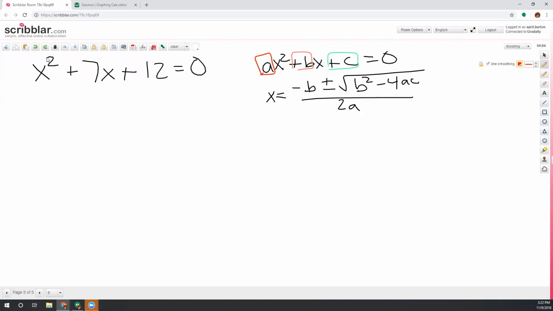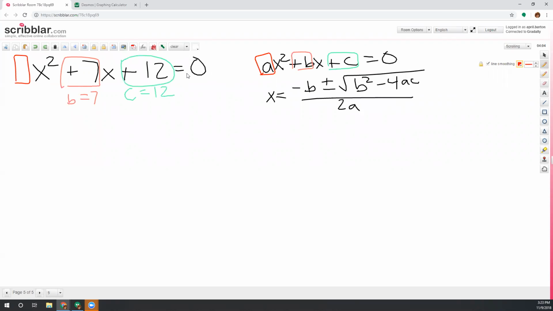So here in front of x squared would be a, which right now is blank. We'll talk about that in a second. In front of the x is 7, so that is our b. And then behind the x is the 12, so that's our c.